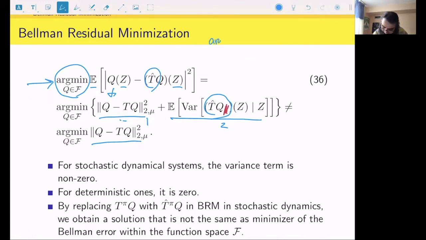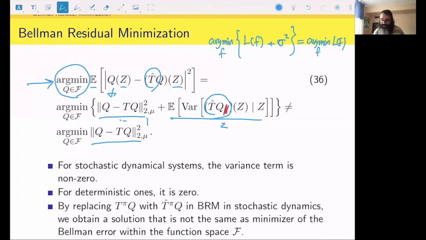Essentially, say I'm arg-minimizing some loss function, which depends on f, plus some sigma squared, some constant which is not a function of f. This would be the same as arg-minimizing that loss function over f.